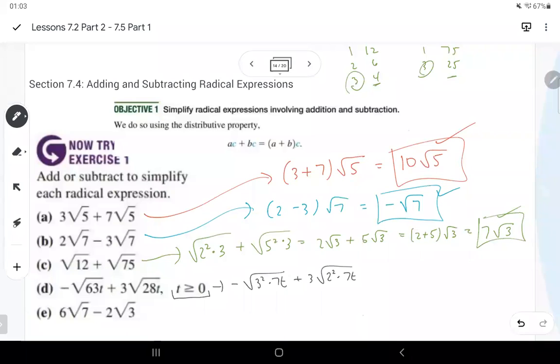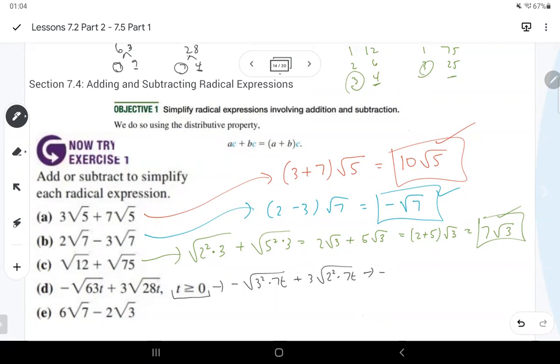If you're having a hard time figuring that out, I'm telling you, look at those factors. So the factors there are 7 and 9, and the factors here are 7 and 4. Perfect square, sevens match, good to go.